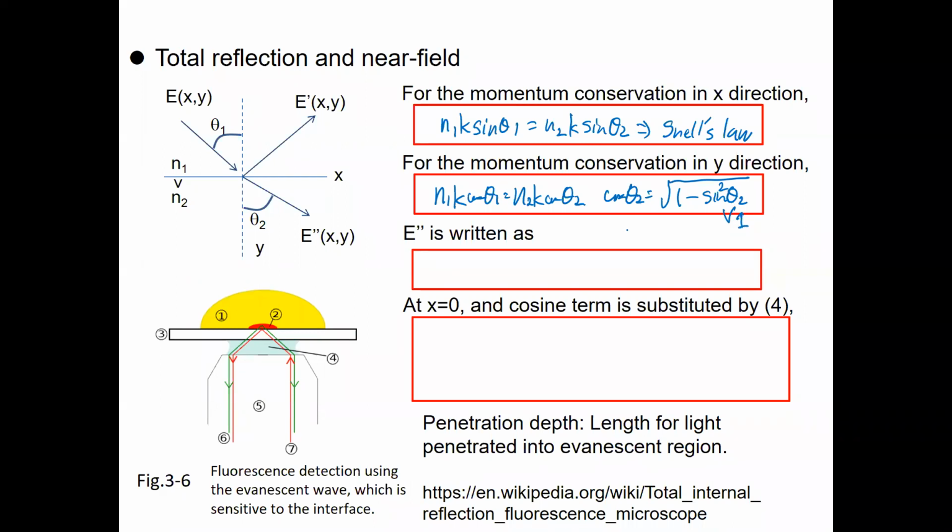In this case, we can write i times the square root of sine theta 2 squared minus 1.